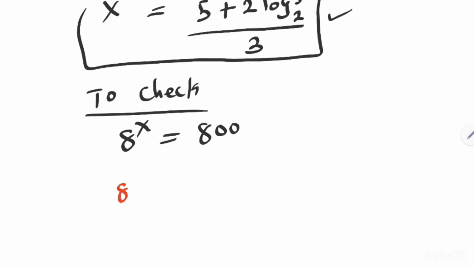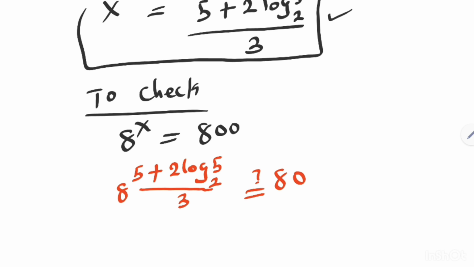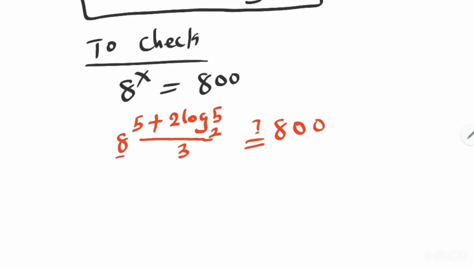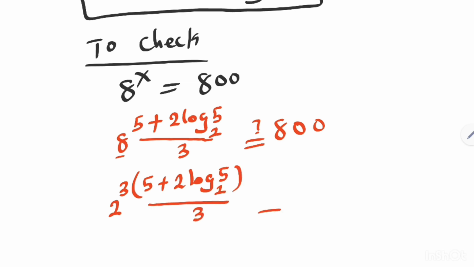Then 8 raised to power x, which is 5 plus 2 log 5 base 2 over 3, must be equal to 800. 8 can be written as 2 raised to power 3, bracket, the power of 5 plus 2 log 5 base 2 over 3, must be equal to 800.